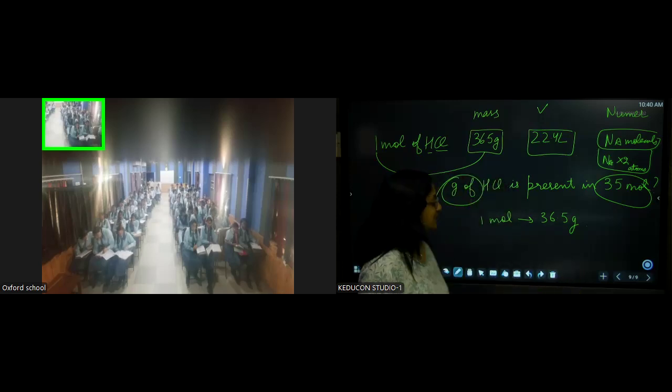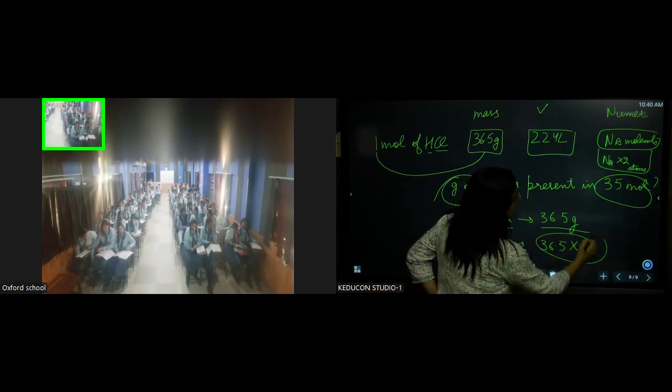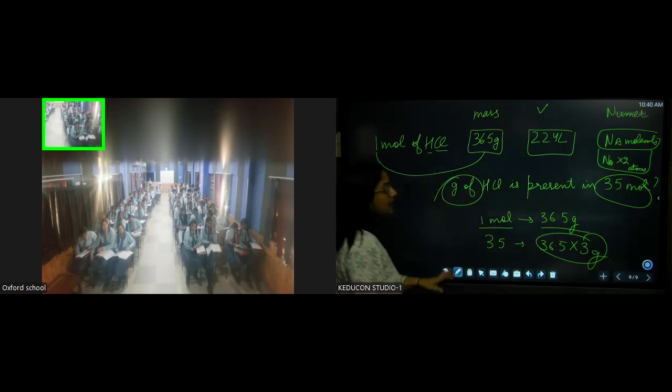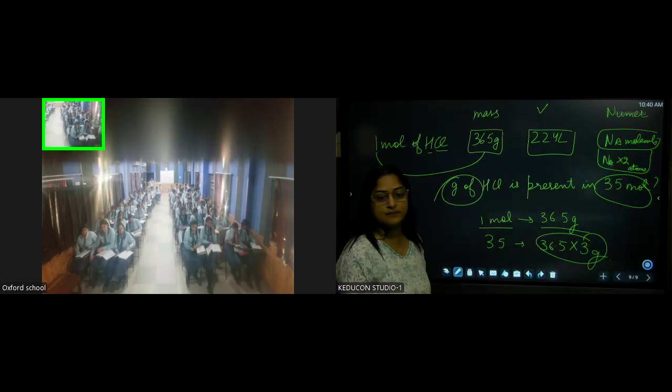Similarly, you asked that if 1 mole has this much mass, how much will 3.5 have? This will be 36.5 into 3.5. This much grams is present in 3.5 mole of HCl. Was it difficult? This is just unitary. You have to apply this.